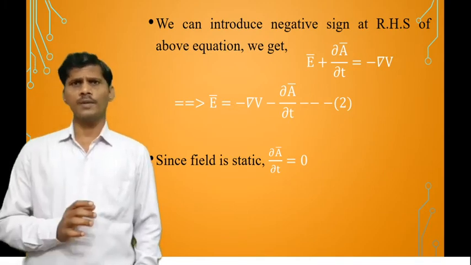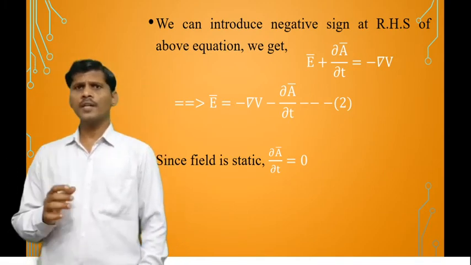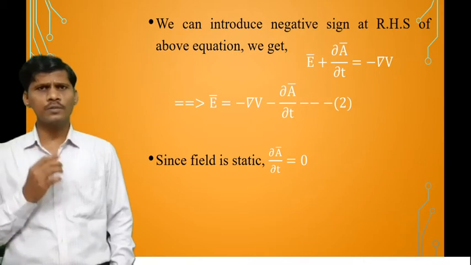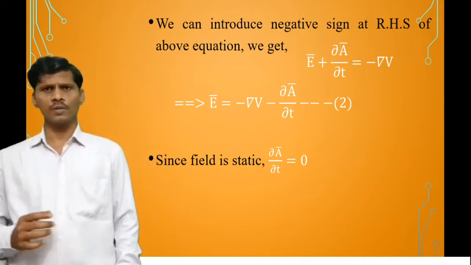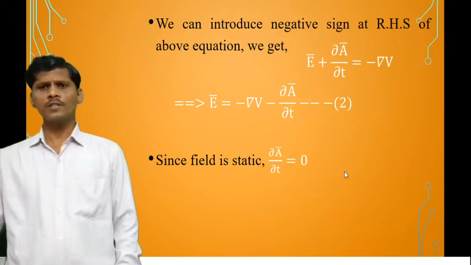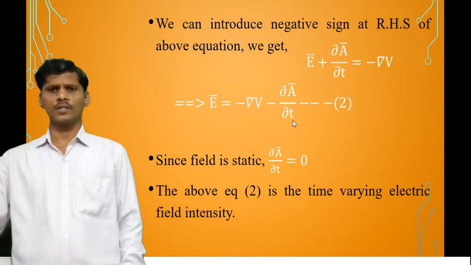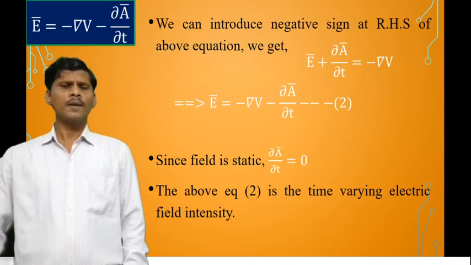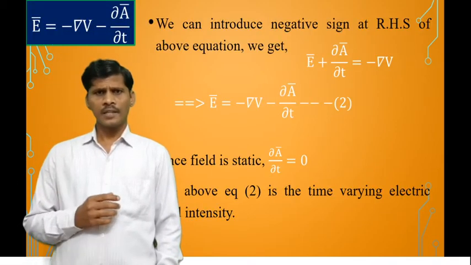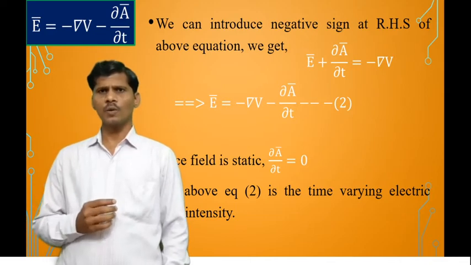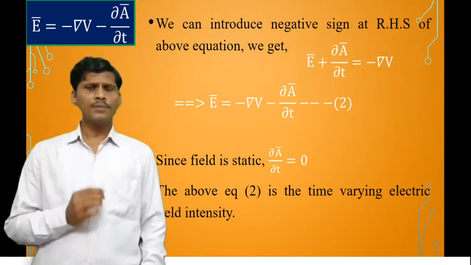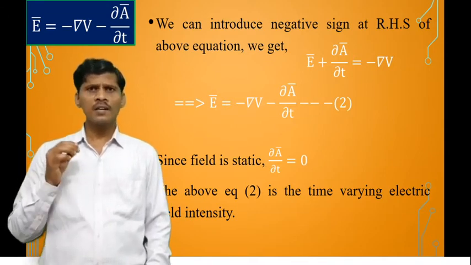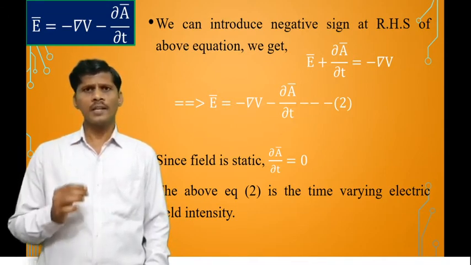For static fields, the vector magnetic potential does not vary with respect to time, that is, dou A bar by dou t is equal to 0. Substituting dou A bar by dou t equal to 0 into the above equation, we get electric field intensity E bar is equal to minus del V. That is the relationship between electric field intensity and scalar electric potential in electrostatics.